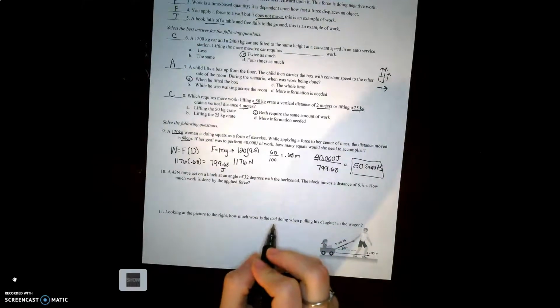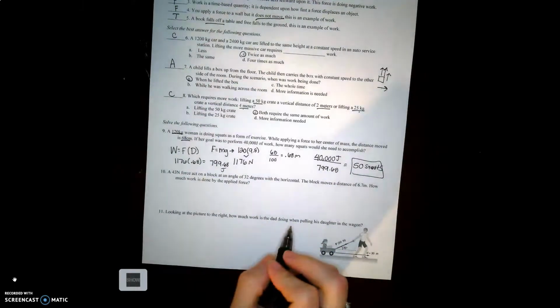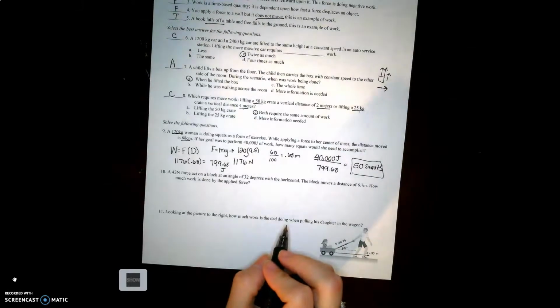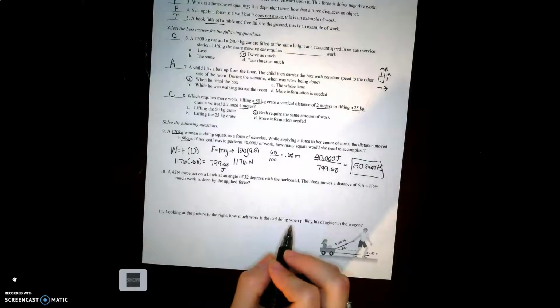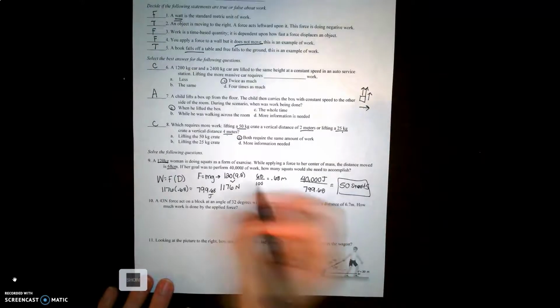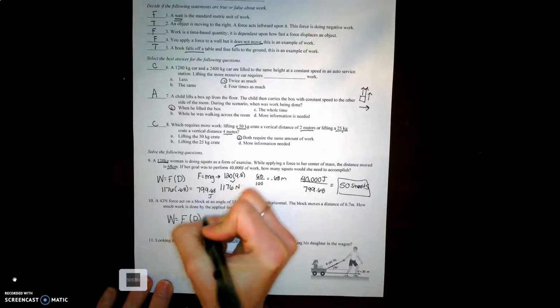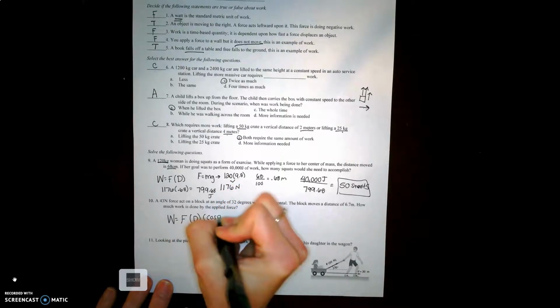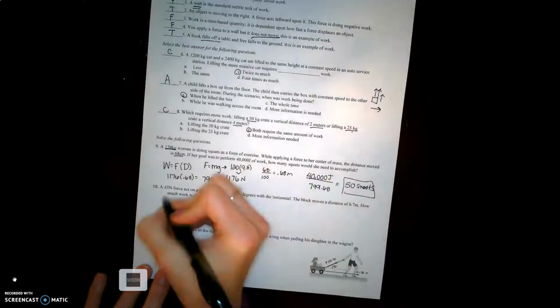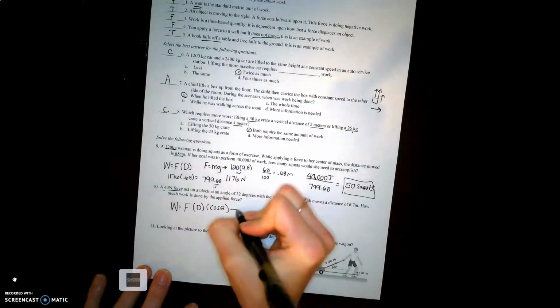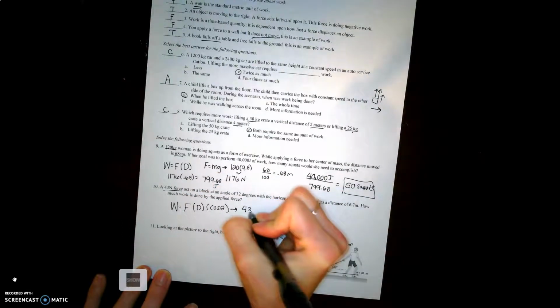Number 10. A 43 Newton force acts on a block at an angle of 32 degrees of the horizontal. The block moves a distance of 6.7 meters. How much work is done by the applied force? So for this one, work is going to be force times distance times the cosine of the angle they give us. Our force is 43 newtons.